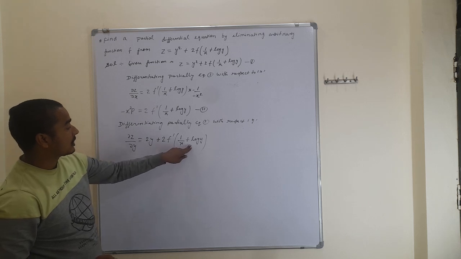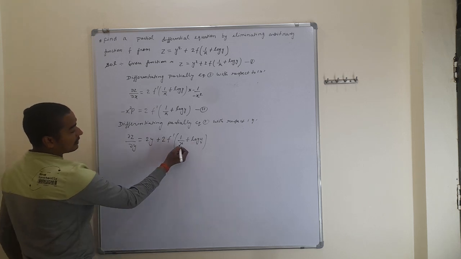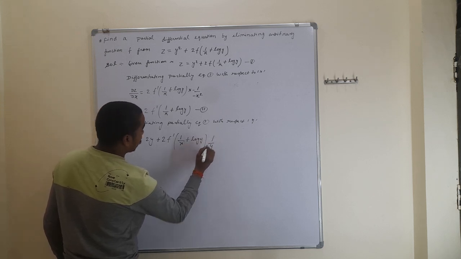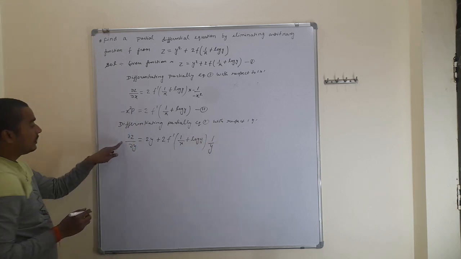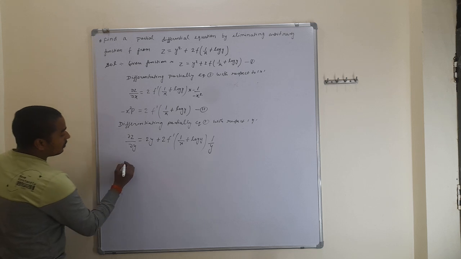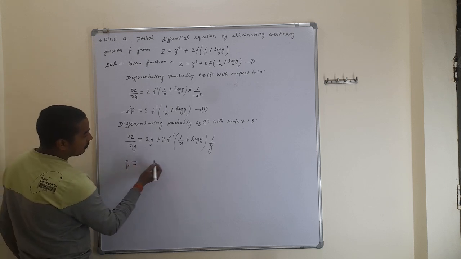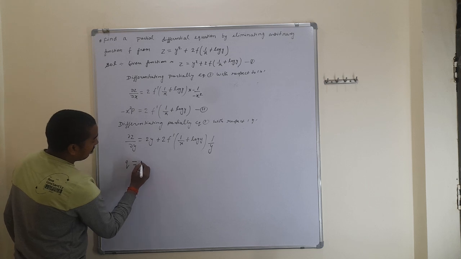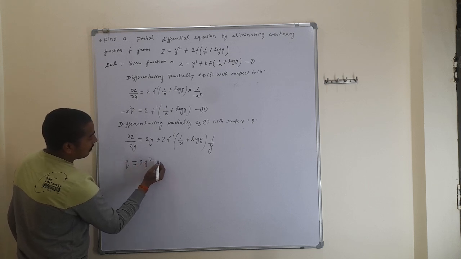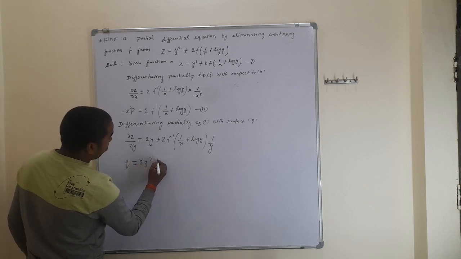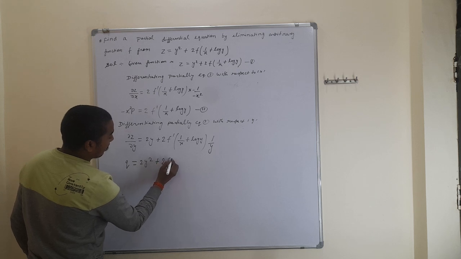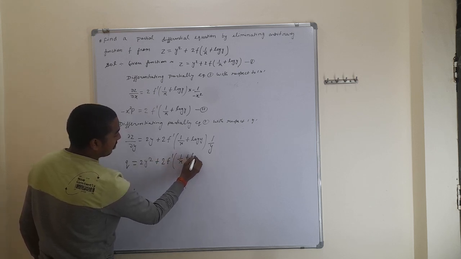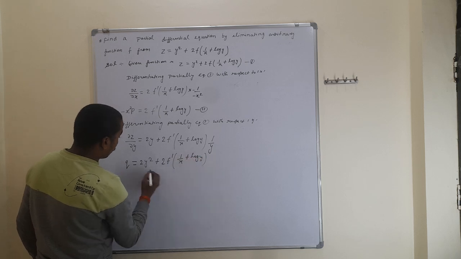Here 1/x is constant and the derivative of log y is 1/y. From here, writing ∂z/∂y as q, on taking LCM, q = (2y² + 2f'(1/x + log y))/y.